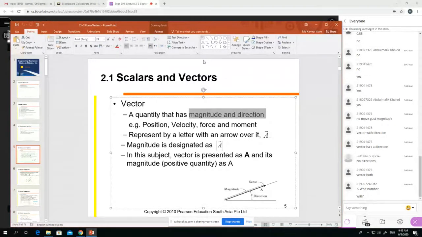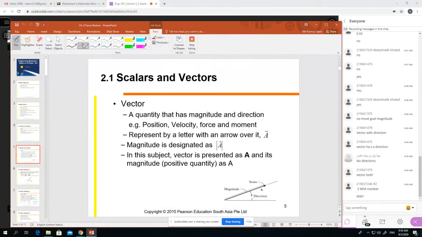So a scalar has only magnitude, and a vector has two things, magnitude and direction.